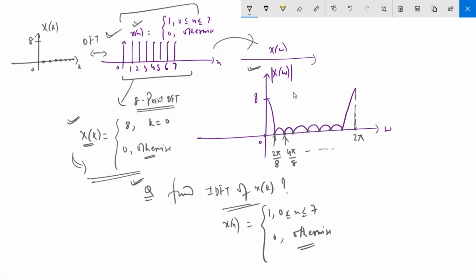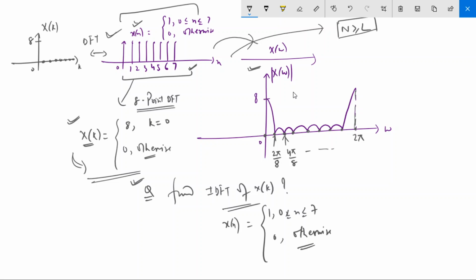So this is what DFT and IDFT are. Many times, suppose we have an 8-point sequence, the minimum number of samples in the DFT must be 8, because N is always greater than or equal to the length of the sequence. It means I can take an 8-point DFT, I can also take a 16-point DFT, a 20-point DFT, whatever I want, but I cannot take a 6-point DFT.